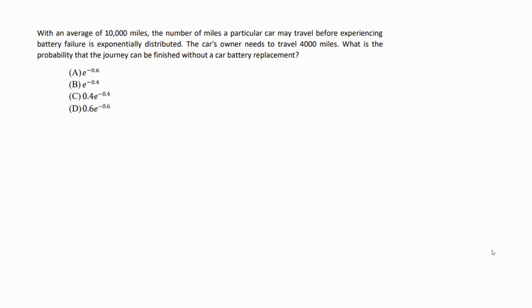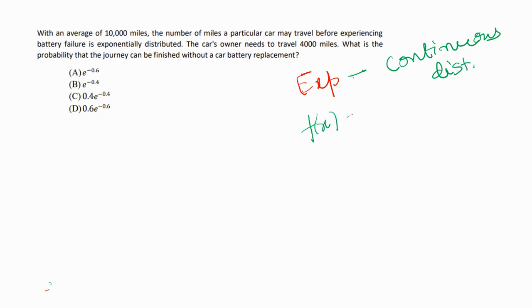Firstly, the exponential distribution is a continuous distribution. Now, its PDF f(x) is given by lambda e to the power minus lambda x.